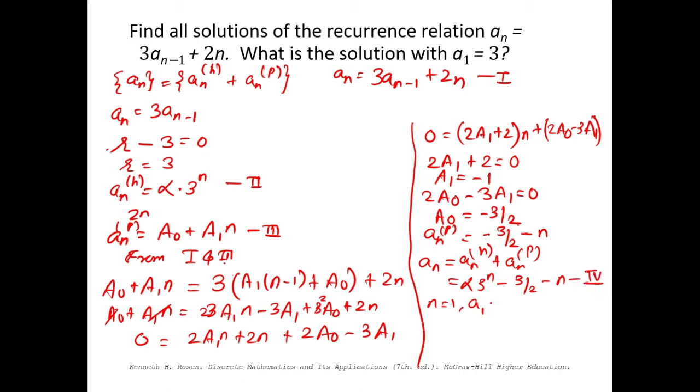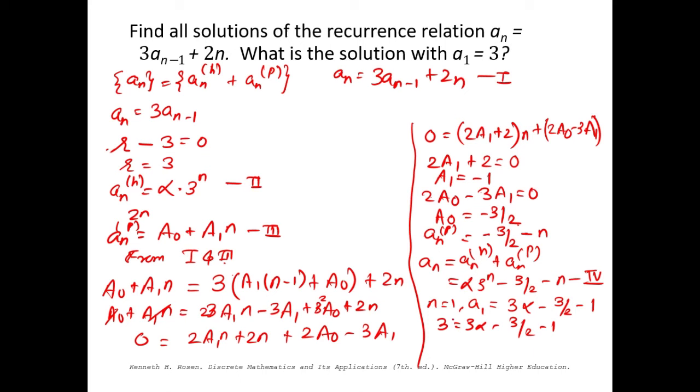So in equation 4, a1 is alpha into 3, so it becomes 3 alpha - 3/2 - 1. Since a1 is equal to 3, 3 = 3 alpha - 3/2 - 1.